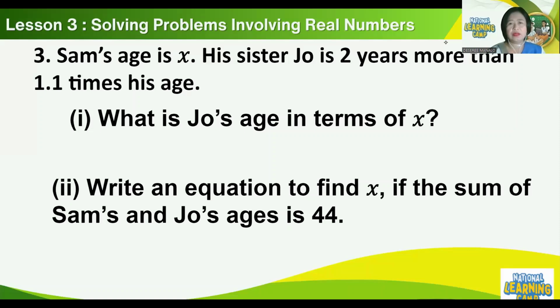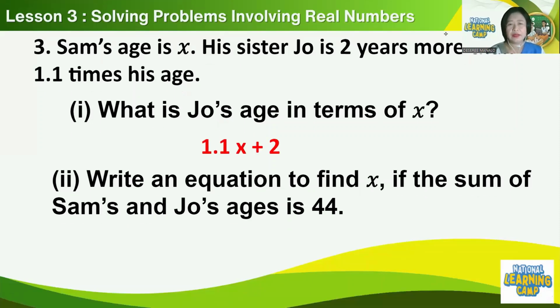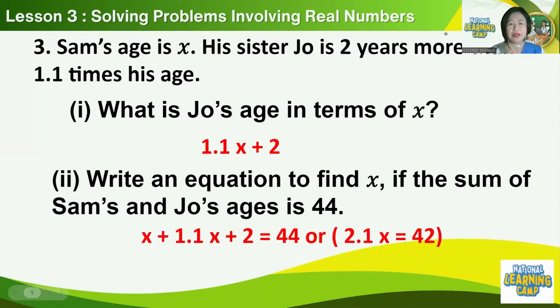Number 3, Sam's age is X. His sister Jo is 2 years more than 1.1 times his age. So what is Jo's age in terms of X? The answer is 1.1x plus 2. Okay, for 2i, write an equation to find X if the sum of Sam's age and Jo's age is 44. So it will become X plus 1.1x plus 2 equals 44. Or we can have 2.1x equals 42.